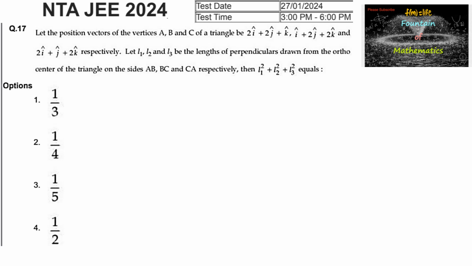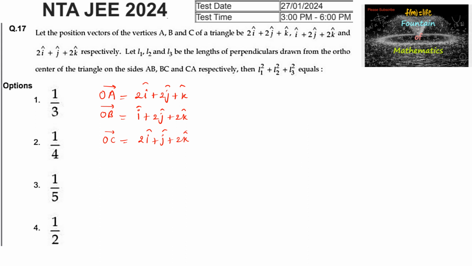Let the position vectors of vertices A, B, C of a triangle be OA is equal to 2i plus 2j plus k, and OB is equal to i plus 2j plus 2k, and OC vector is equal to 2i plus j plus 2k respectively.